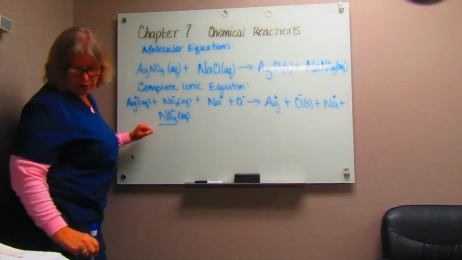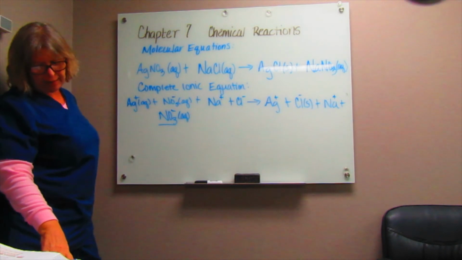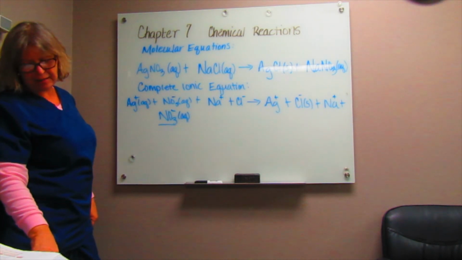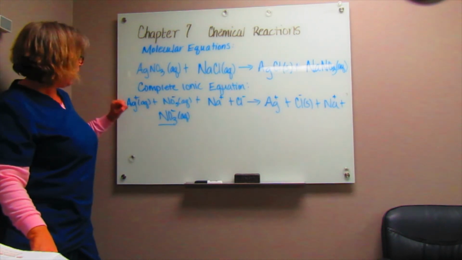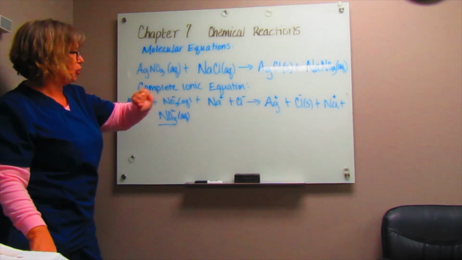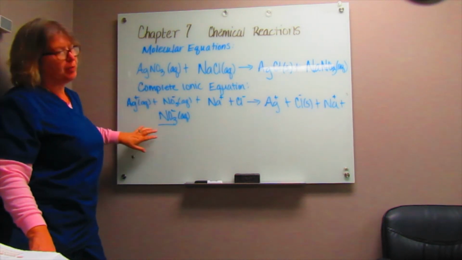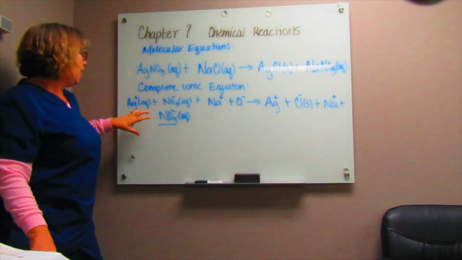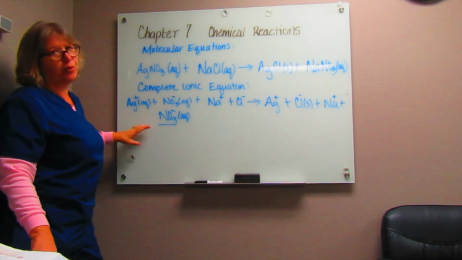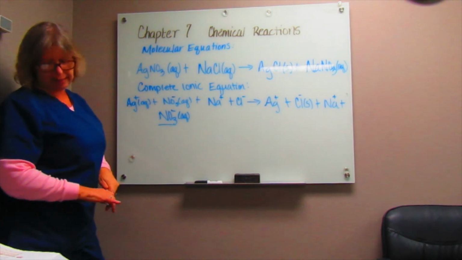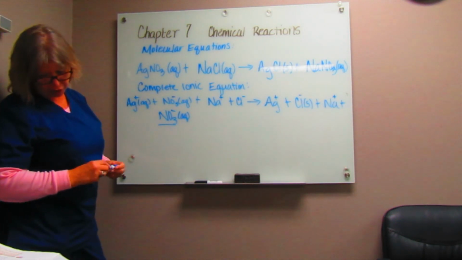You can be counted off on that. But complete ionic equations just show the reactants and the products as they are actually present in the solution, right? So rather than showing them as a compound, it shows them as individual ions as they would appear in a solution. So that would be a complete ionic equation.